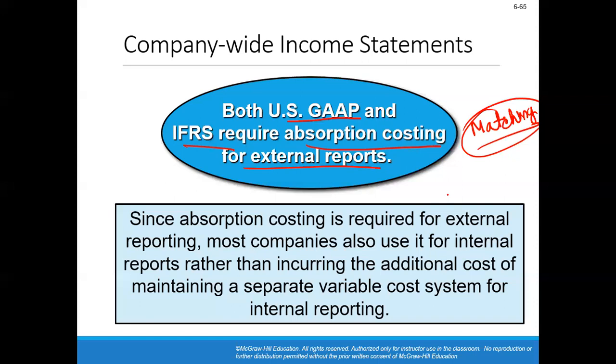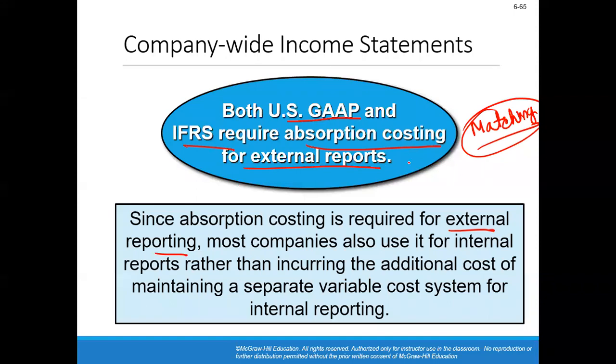But you see what will happen. What do companies do? Companies are doing absorption costing for the external reporting required by the regulator and by the accounting standards.